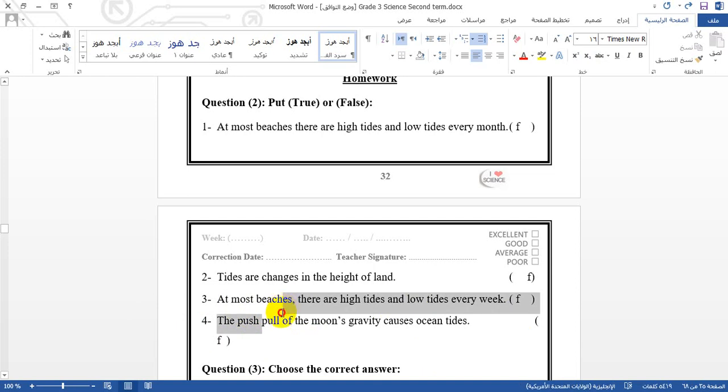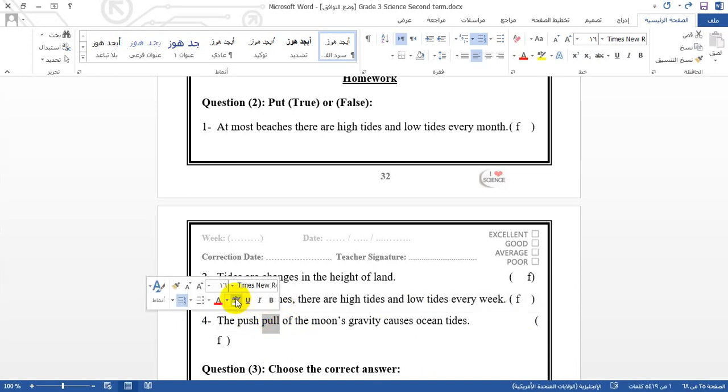Okay, sorry, I have to mark it as the correct answer. The correct one is pull, not push. So this one is false.